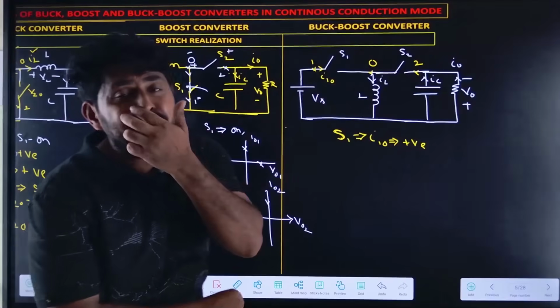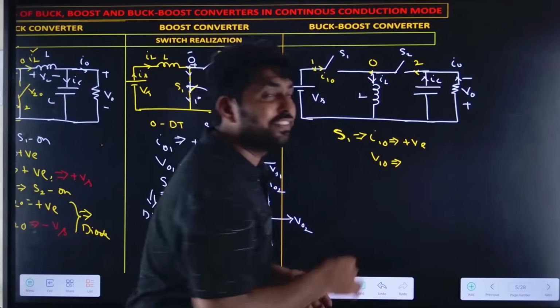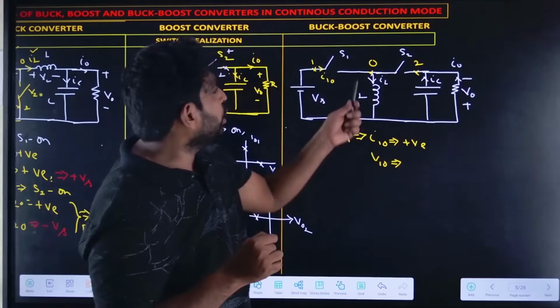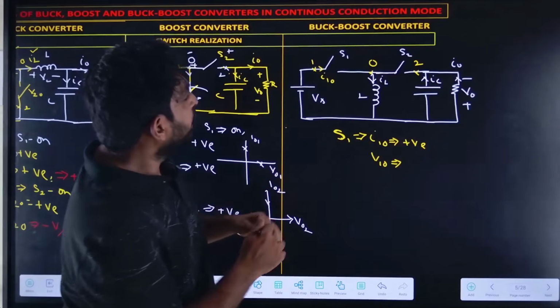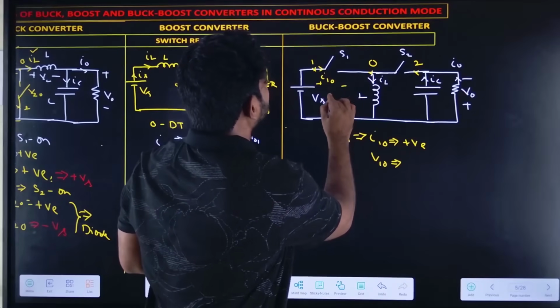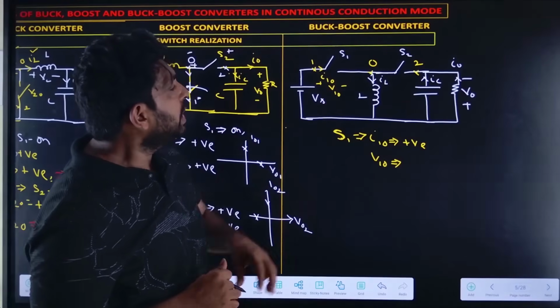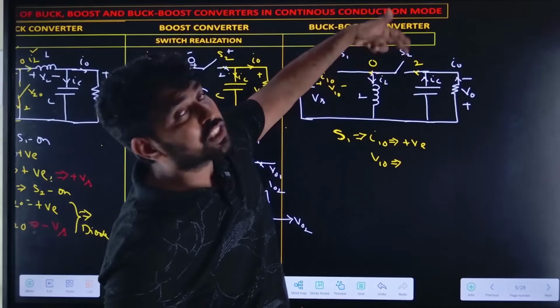So how can we find the V10? For that you need to close the switch S2.